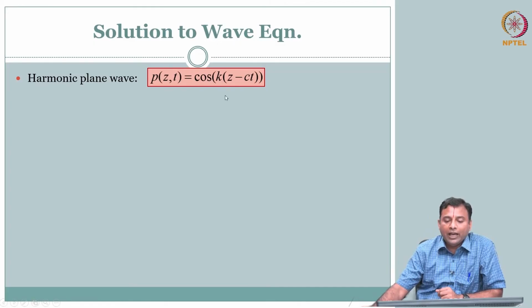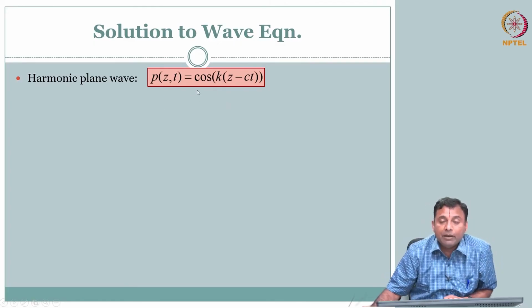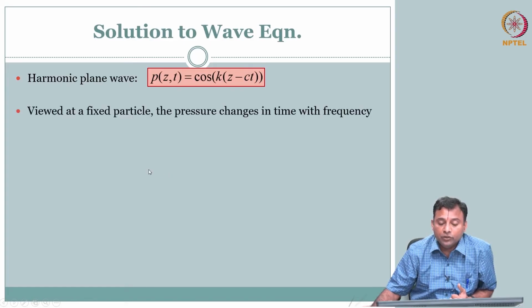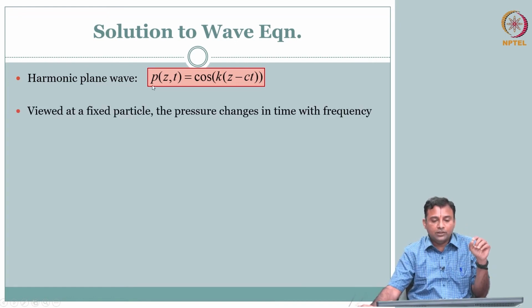So, when you have this, what are the interesting relationships that we see? This can be a solution to the equation if the argument satisfies the equation. So, if this is the solution, let us get the meaning of what is happening. Viewed at a fixed particle, if you are sitting at a particle, what is happening?